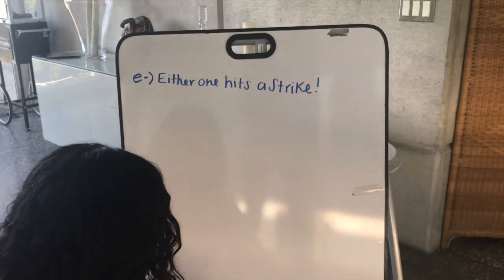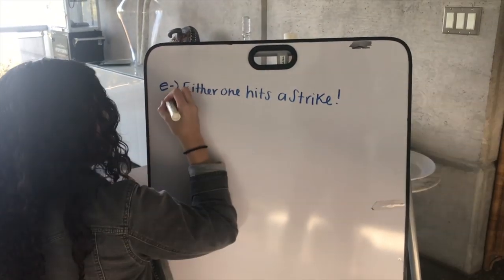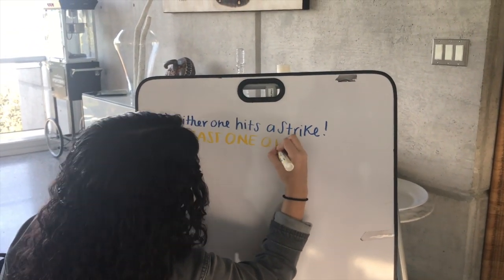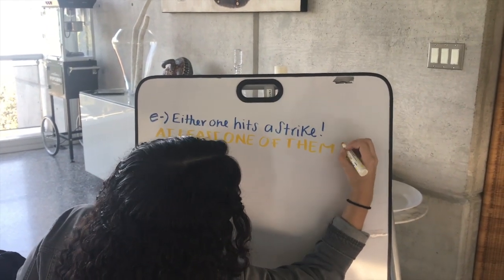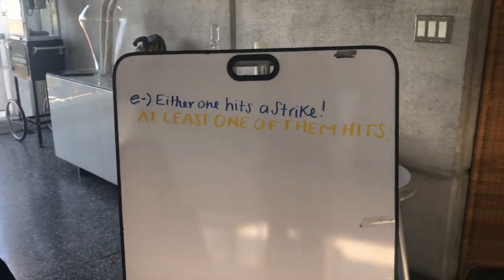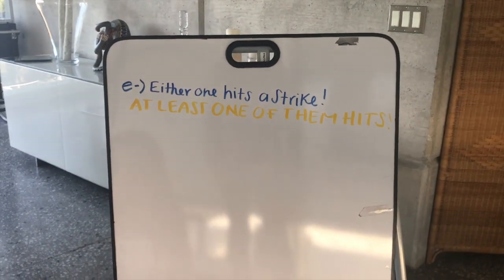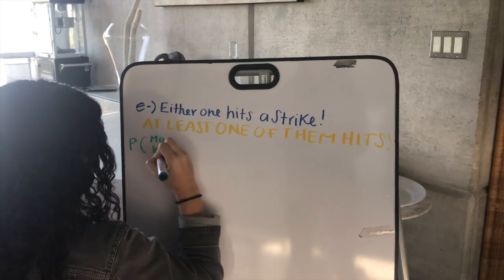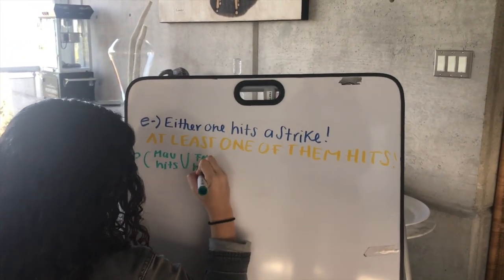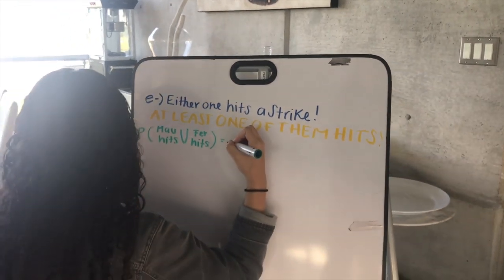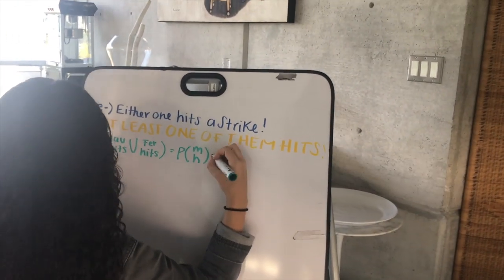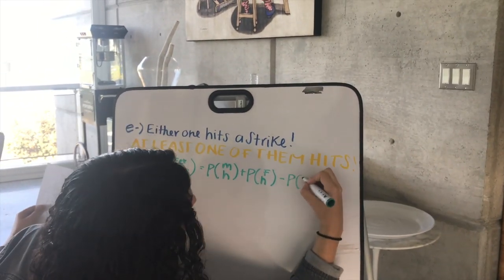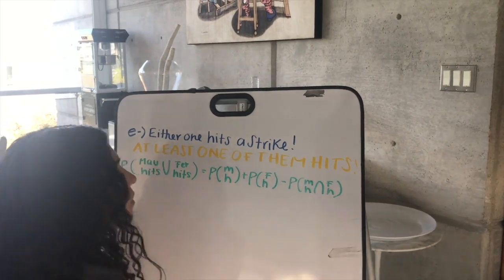Last but not least is letter E. Either one of them hits a strike. So this problem tells us that at least one of them hits. This problem is not mutually exclusive, so it will go like this. The probability of Mao hitting or the probability of Fer hitting is the probability of Mao hitting plus the probability of Fer hitting minus the probability of Mao hitting and Fer hitting.